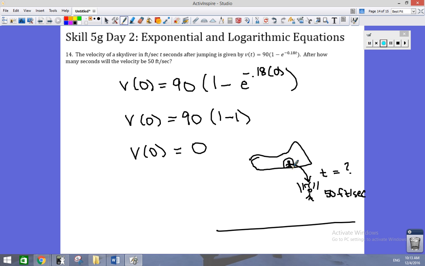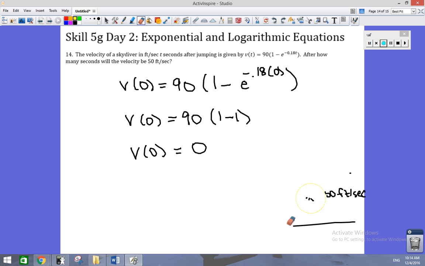It might be 3 seconds, 4 seconds, 5 seconds, or 10 seconds or longer, as your velocity increases because you are falling very rapidly to the ground, and then hopefully you'll pull a parachute and not crash to the ground. That would be a whole different problem that would have a very sad ending.